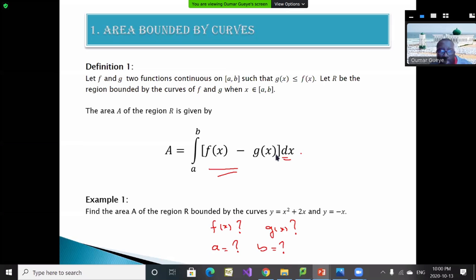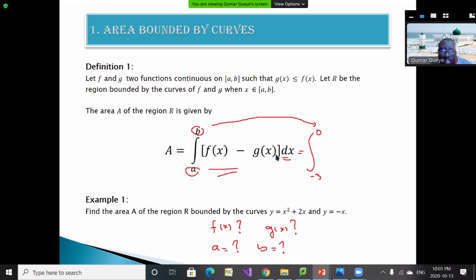So when I apply the formula, I'll get here integral from -3 to 0, because my b here is 0 in this case, and this one is the smallest value. Always don't forget it. You integrate from the smallest value to the largest one. Don't integrate from 0 to -3.